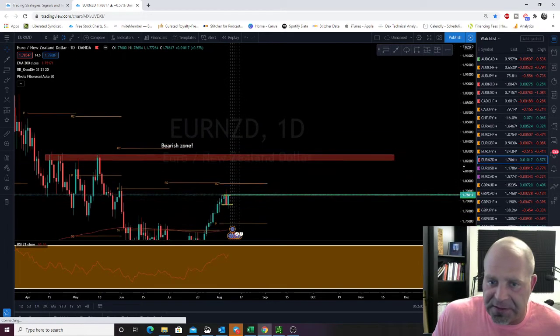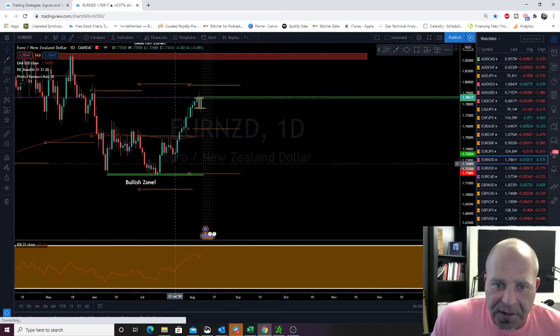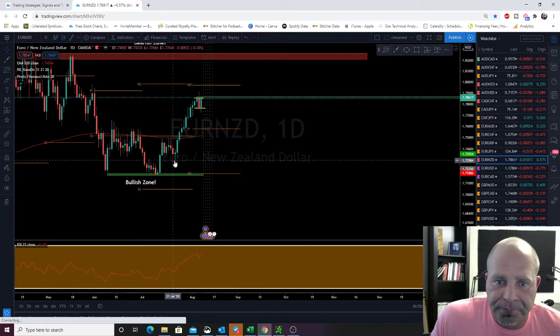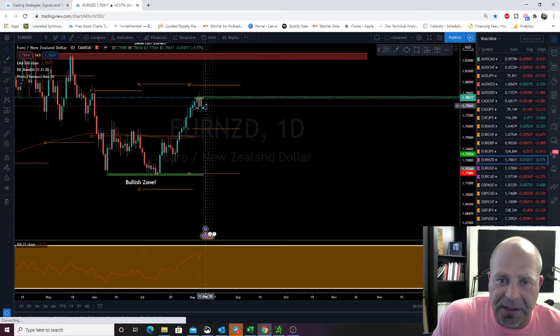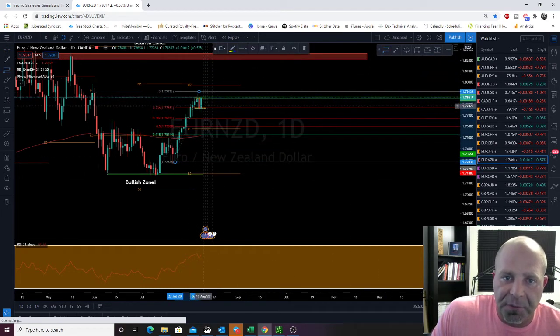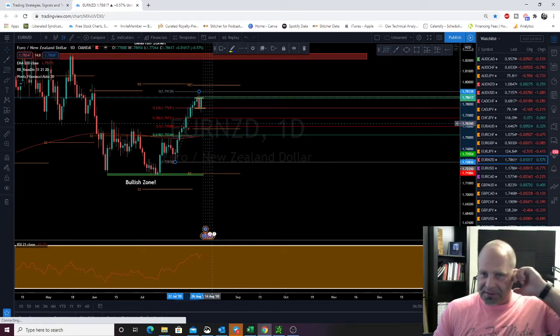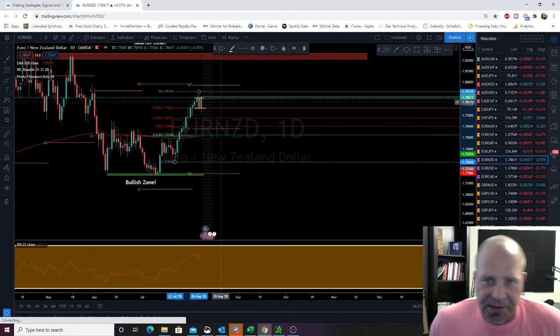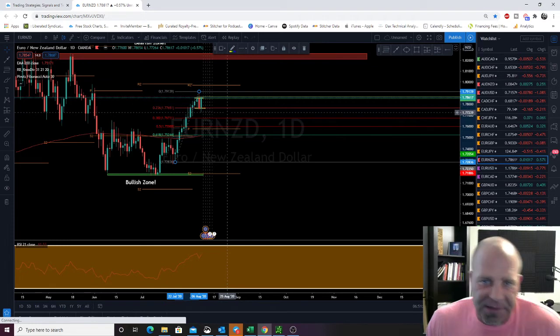Euro NZD. So kind of starting to see this momentum fade on this. So we're going to look for that pullback up. I mean, if we put our Fibonacci on, we stalled out at the 236. So now we're just kind of consolidating between 0 and 236.